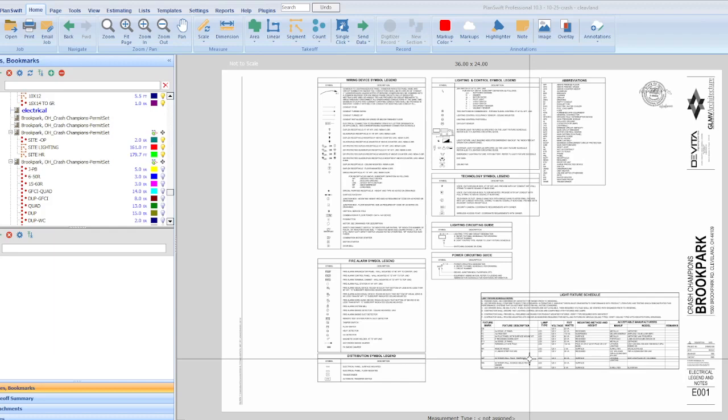So you do have to understand the symbols on the lighting plan, and that can assist you in determining a route to draw your lines for your wire and your conduit.